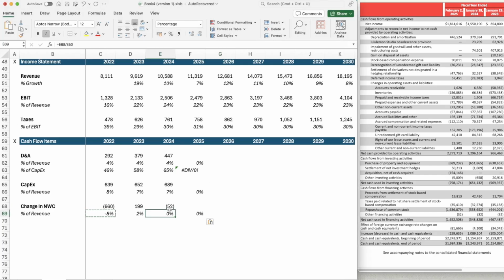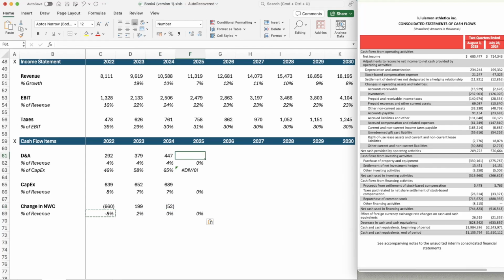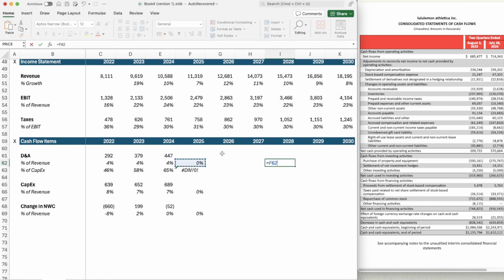Just bear with me. It's fine, it's all good. Let's not worry. Okay, depreciation and amortization divided by 199. Okay, so 234.244 multiplied by 2.2401.